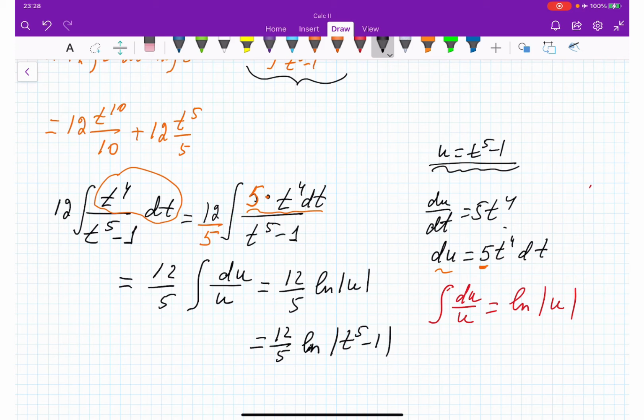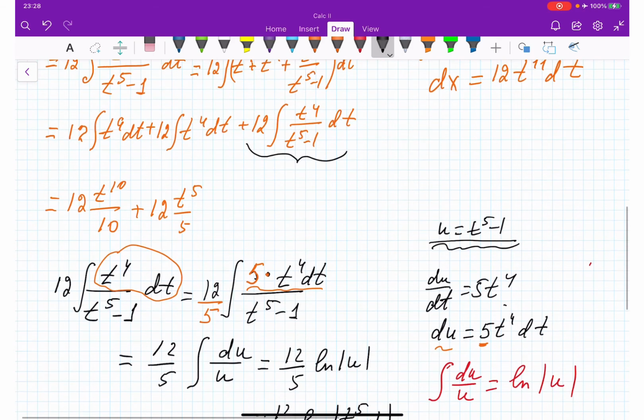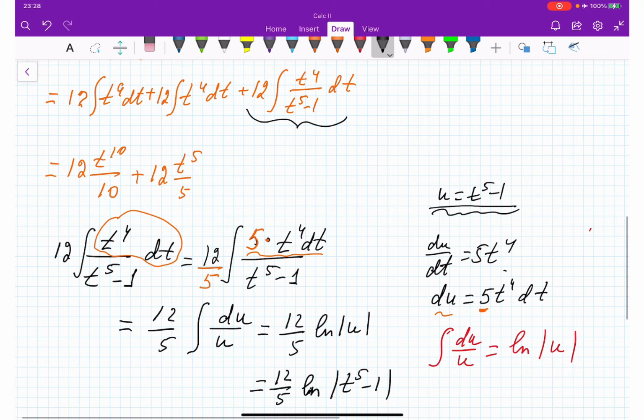Okay, since I solved this piece, now I can attach it to the piece here that was left halfway. So this piece, now we solved it. It's going to be plus 12 over 5 natural log t to power 5 minus 1 and plus c.